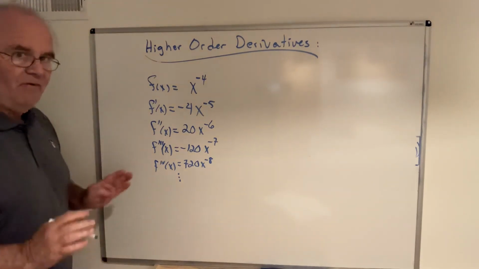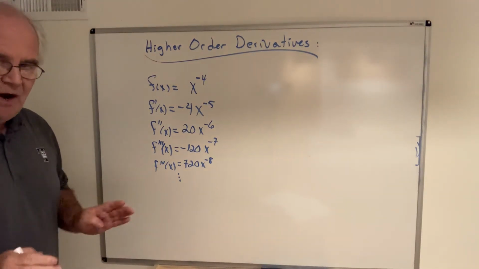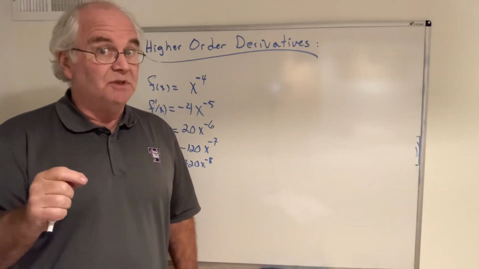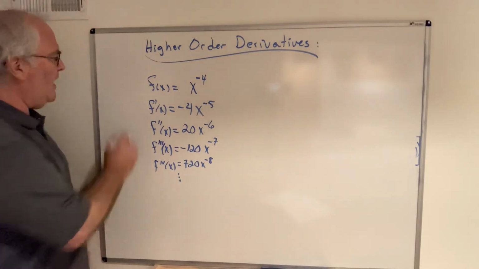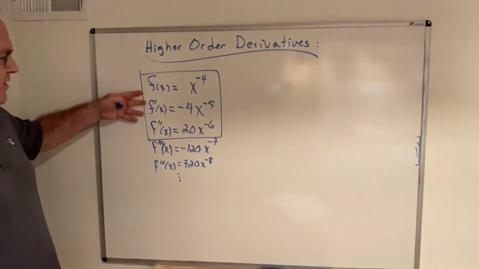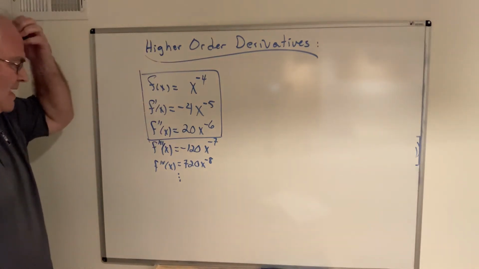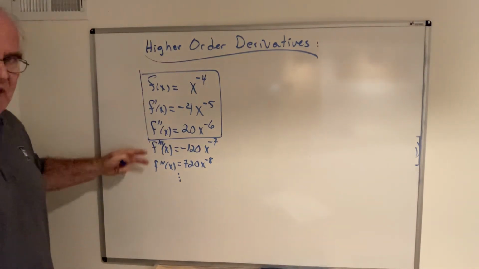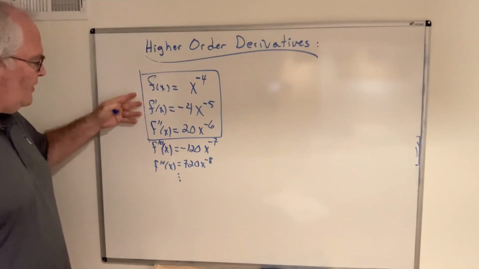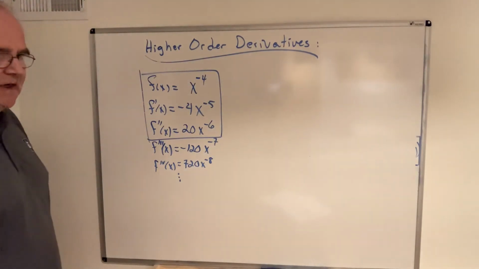Now, typically for our work, when you get to Calc 2, there are some places where you get a little more sophisticated. But for our work for now, the only thing I'm going to be asking of you, typically, is the first and the second derivative. I might ask you to do a third derivative just to see if you're on your toes. But typically, the only thing we'll be working with is the first and the second derivative.